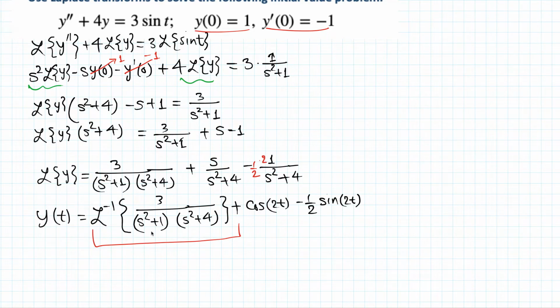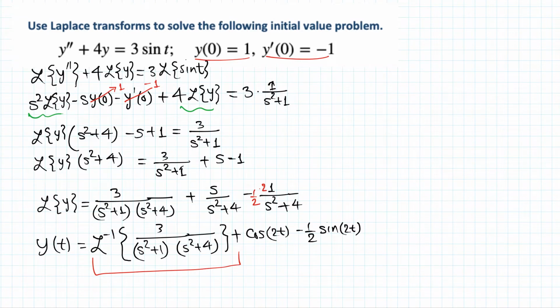Then we take inverse Laplace. So this is 3 over s squared plus 1 times s squared plus 4.